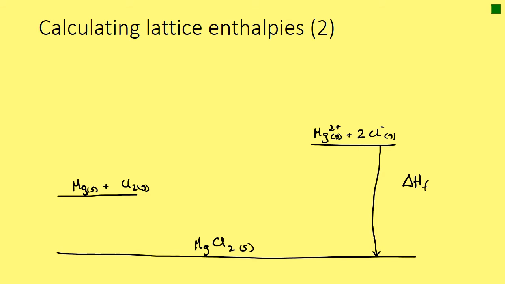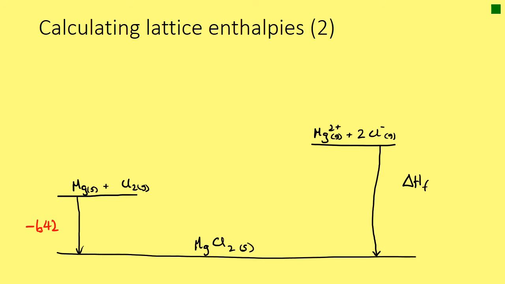When those standard state magnesium and chlorine make magnesium chloride, that's the enthalpy change of formation of magnesium chloride, which we can work out experimentally, and we're given that. So that's minus 642 kilojoules per mole.